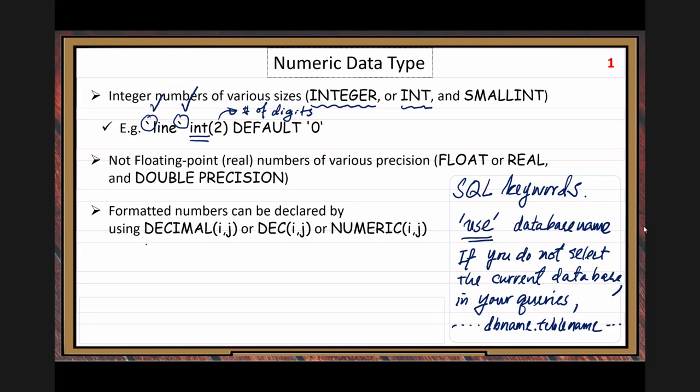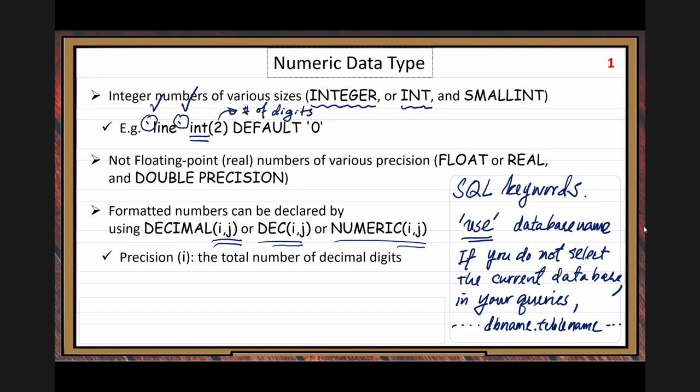One is decimal with two parameters, i, j, or dec i, j, or numeric i, j. Here, let me give you the meaning of i, j. First, i. So what's the meaning of i?